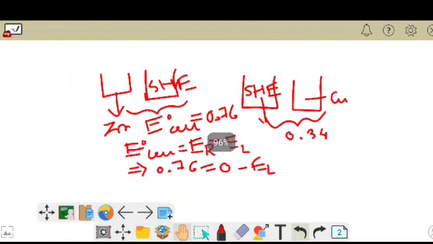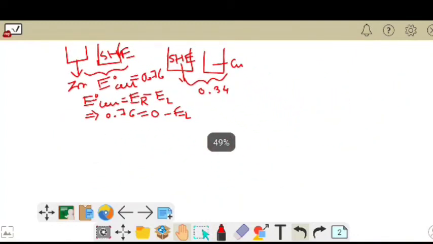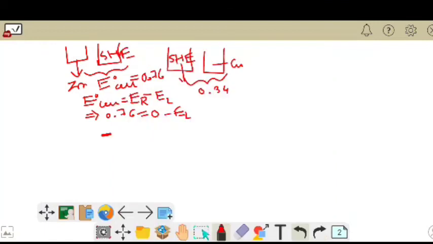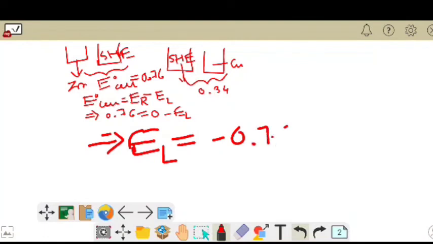Now if you bring E left to this side, it will become minus 0.76.